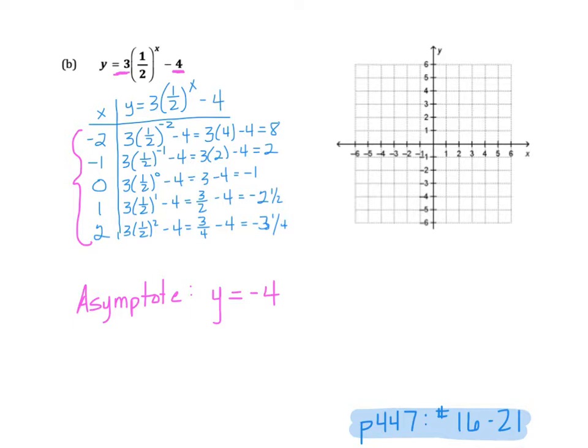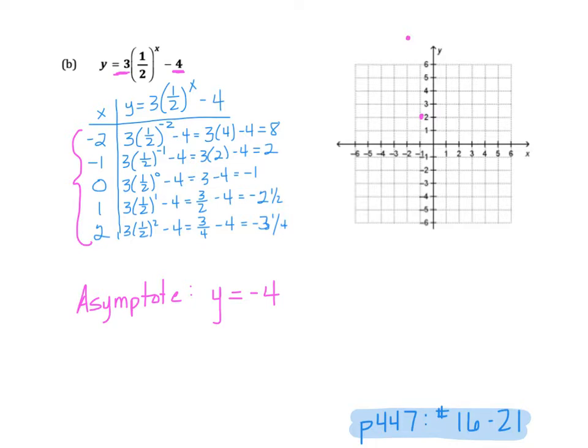So when x is -2, we have y equals 8. This seems to be off the graph a little bit. Let's see if I can get a point to appear here. There we go. Okay, when x is -1, y is 2.